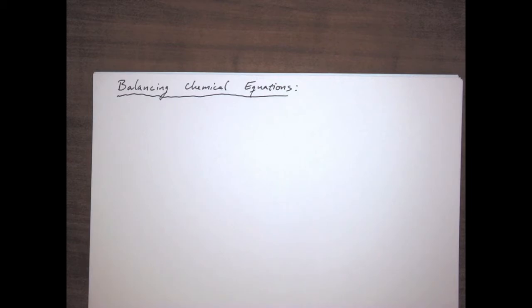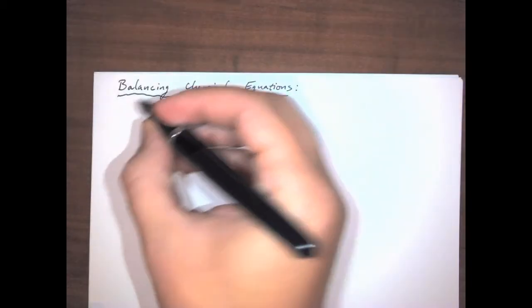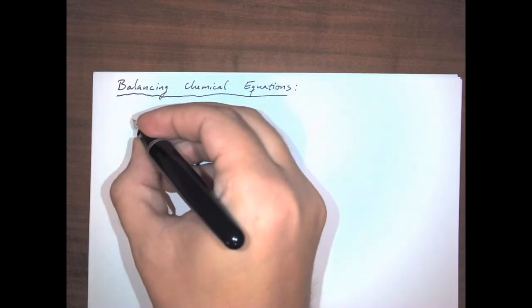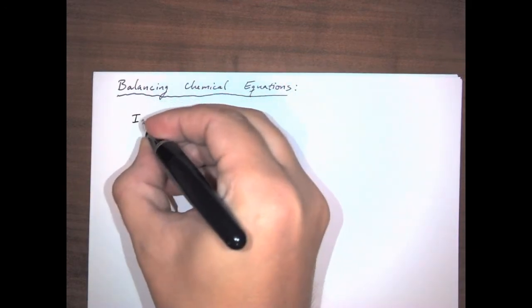However, if you wanted to actually quantify the reaction, you need to give it in a balanced way, so that you'll be able to put the relative moles of one particular molecule into correspondence with the relative number of moles of the other molecules.